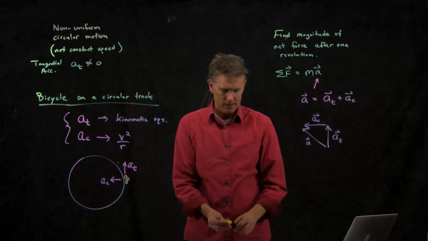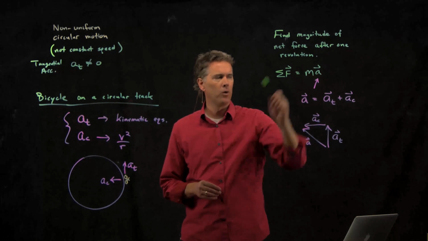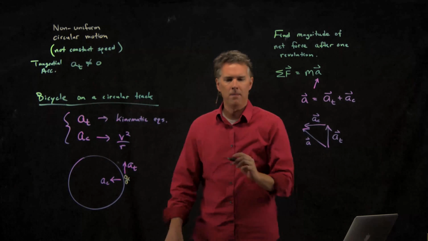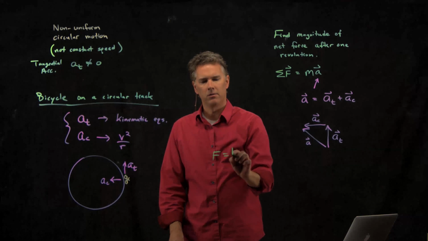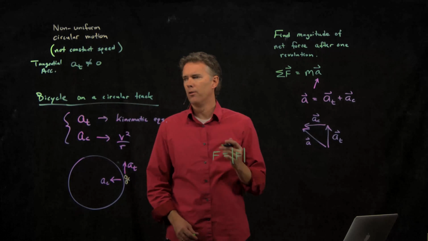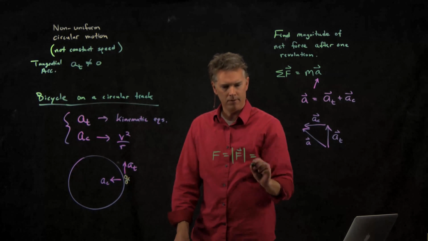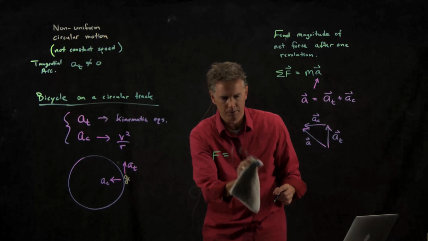All right, so if I go back to the question at hand, find the magnitude of the net force after one revolution. What do we mean by magnitude of net force? What we mean is this. What is the magnitude of the sum of forces? Let's put that summation sign back in there so we're consistent with what we wrote earlier.